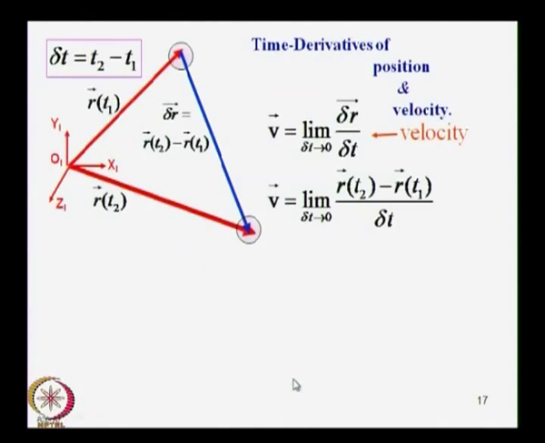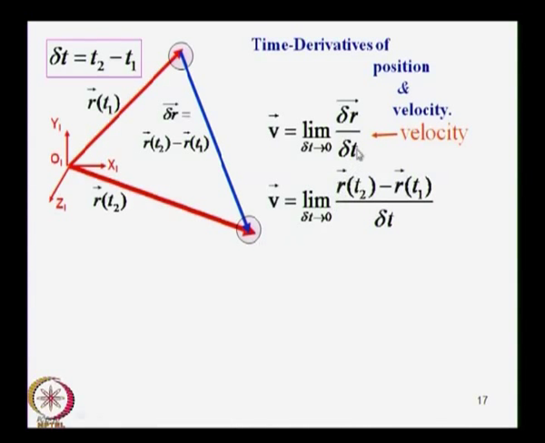you get the partial derivative with respect to y. Now that we know what the derivatives are, we can extend that idea to get the time derivative of position. So, you have a position of an object at a certain instant of time t1, and at a later instant of time t2 the position of that object is over here. So, this is the displacement vector shown by this blue arrow over here, which is the difference vector r(t2) minus r(t1).